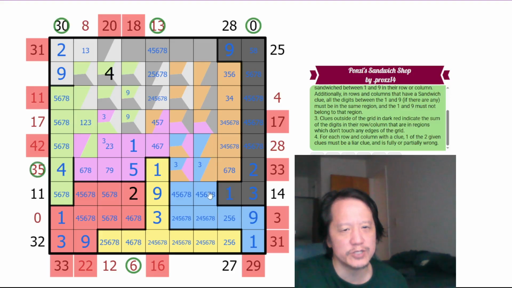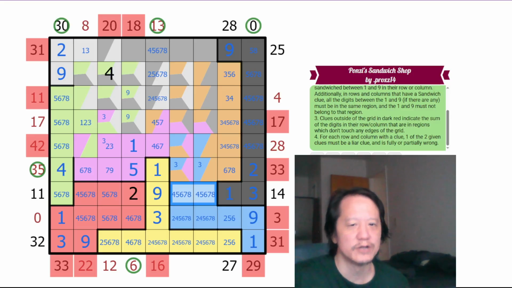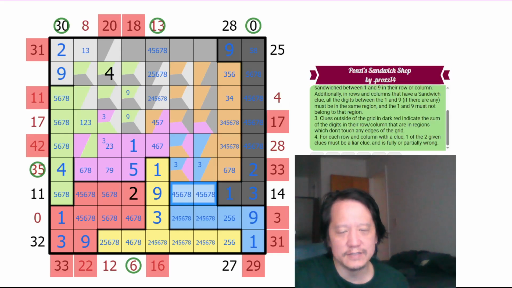We know that 3 is part of the blue. We don't know about 11 or 14. Okay, this cannot be 8 here. It could be 8 here. Damn it, apologies. 0 is done. And the 32 is done.